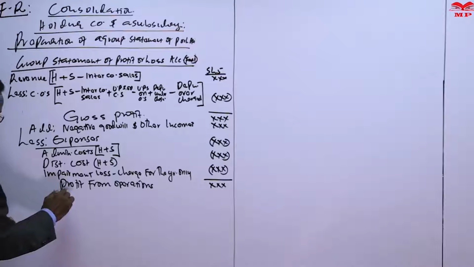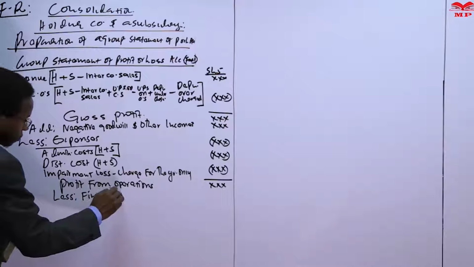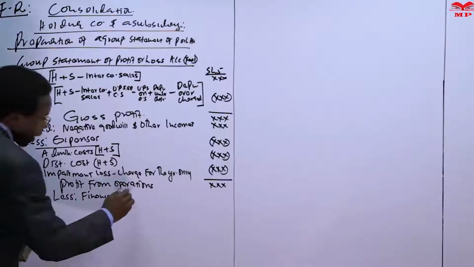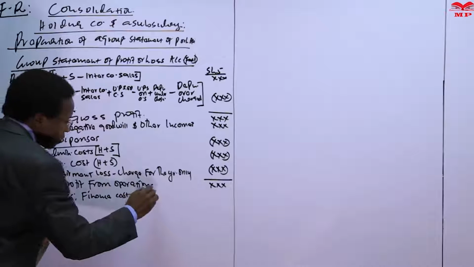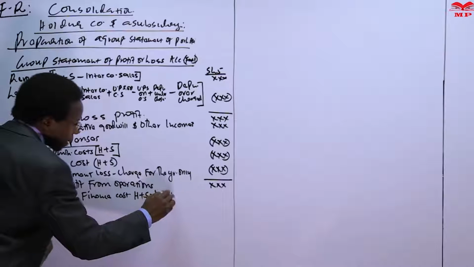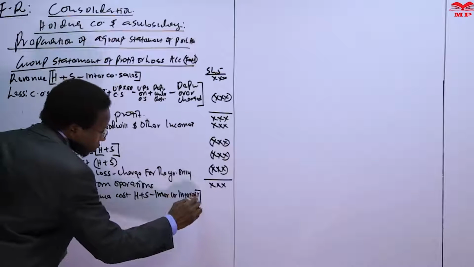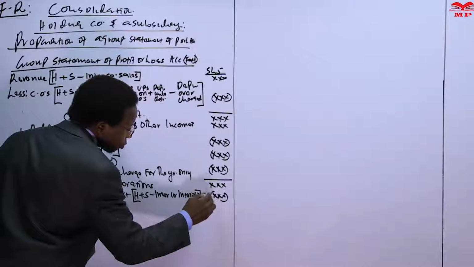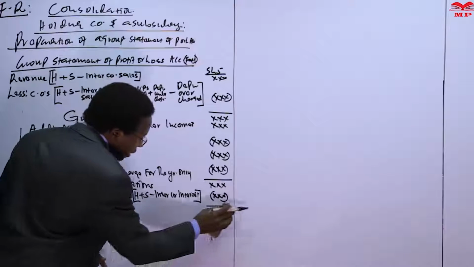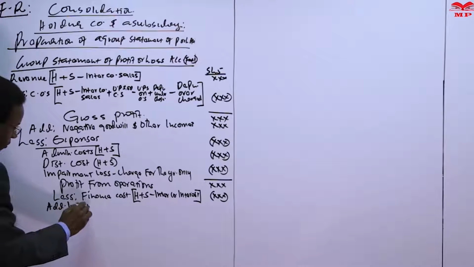Then you less finance cost. Finance cost, you take the one for the holding company plus the one for the subsidiary. It's important to subtract the intercompany interest. If there is intercompany interest, you subtract it as well. Before that, you may have investment income.